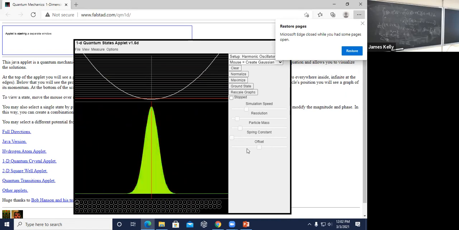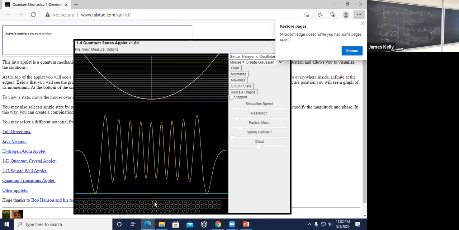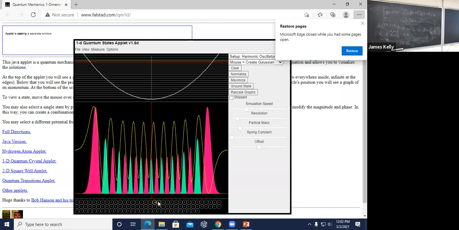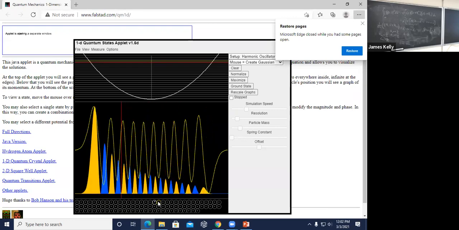Instead, I'm going to clear it out and put an admixture of this phasor, n = 14 or something like that, and n = 15. Now notice when you look at any point, the probability density is not in a stationary state, so it's changing with time, right?